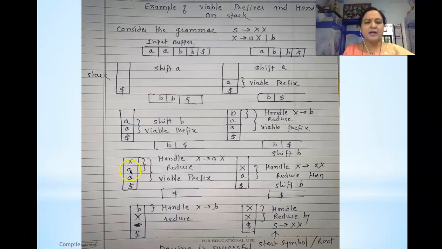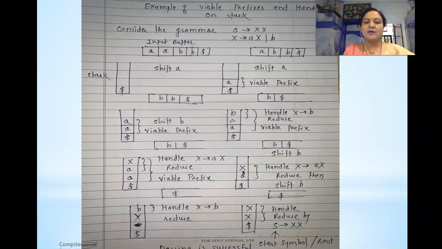Now here again AAX is a viable prefix. Out of that, the top of the stack AX is a handle because we have a production X tends to AX. So we can call AX a handle. This we can reduce by X. So we remove AX from the stack, that is the reduce action of the shift reduce parser, and push the left hand side of the production, that is X, onto the stack.